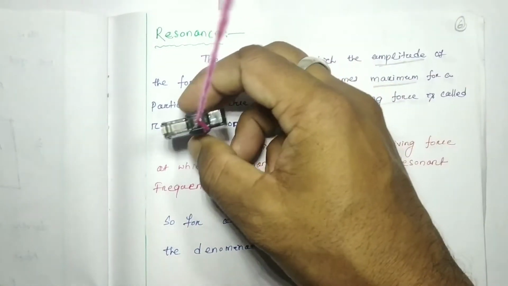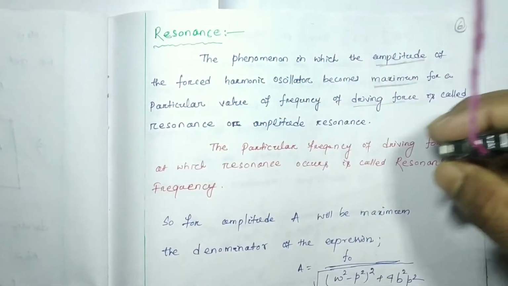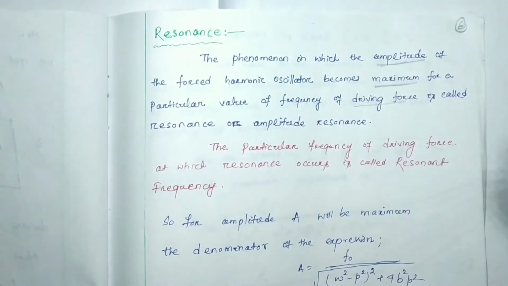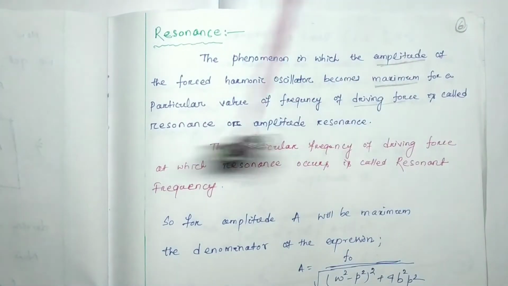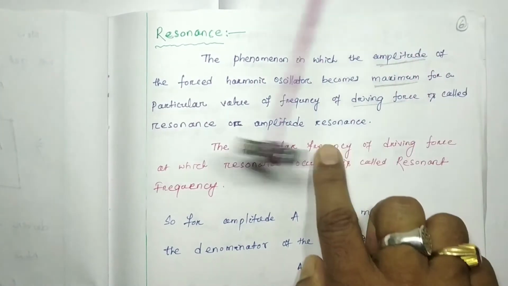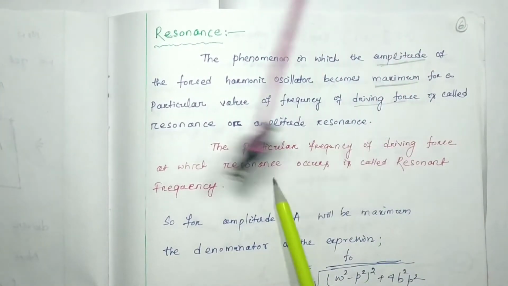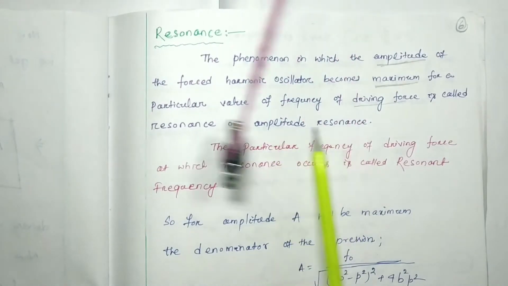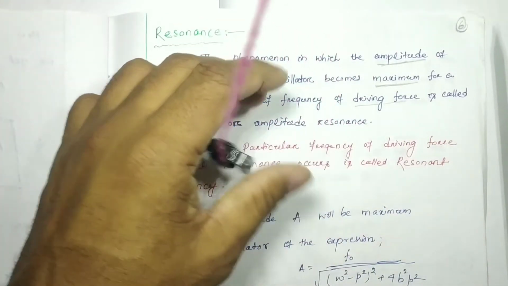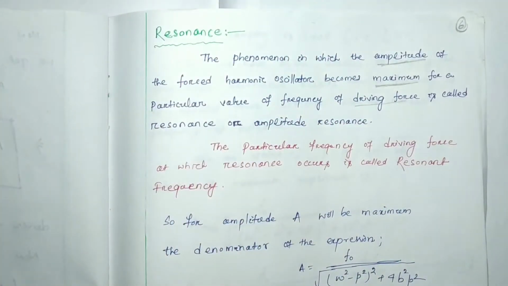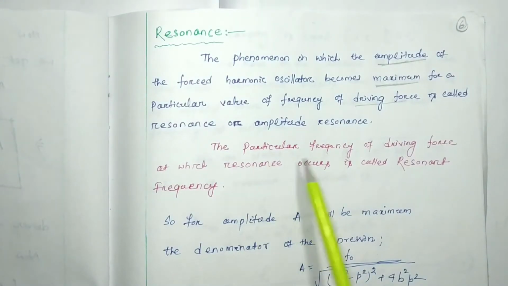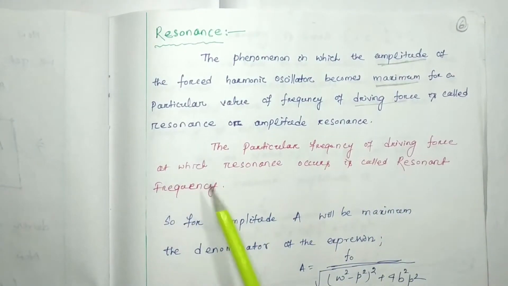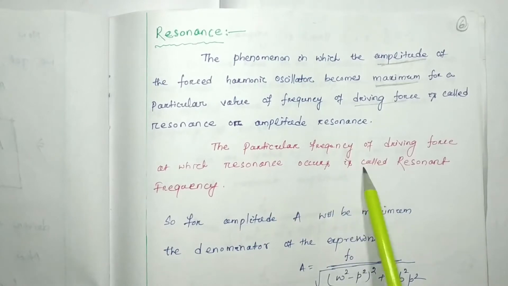When the oscillator reaches its maximum amplitude, it is called resonance or amplitude resonance. The particular frequency of the driving force at which resonance occurs is called the resonant frequency.